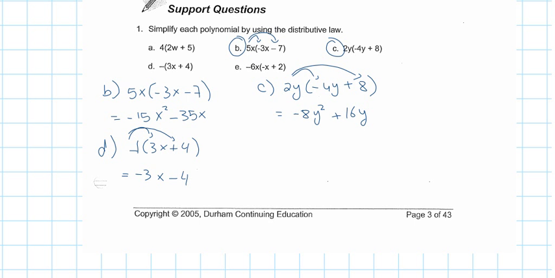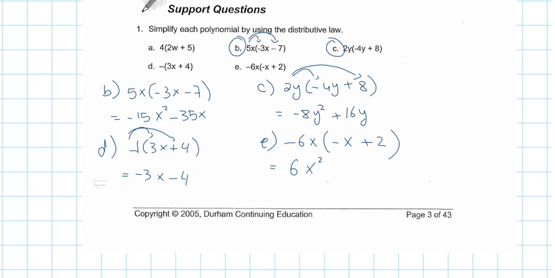Now, how about the e? So I have negative 6x times negative x plus 2. So the negative times the negative makes it a positive. So that's a 6. And then x times x, that makes x squared.